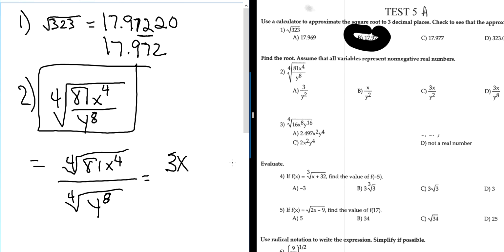Nothing left on the inside. And that would be over the 4th root of y to the 8th. If I divide 4 into 8, it's 2, so it would mean it's y squared. C is our answer for number 2.